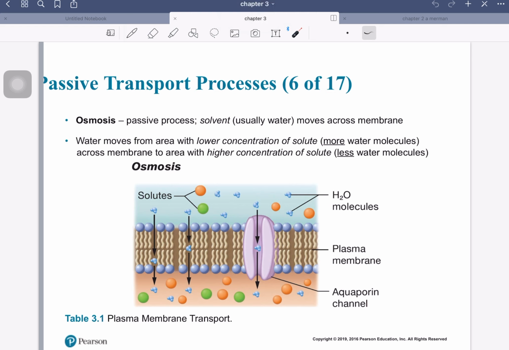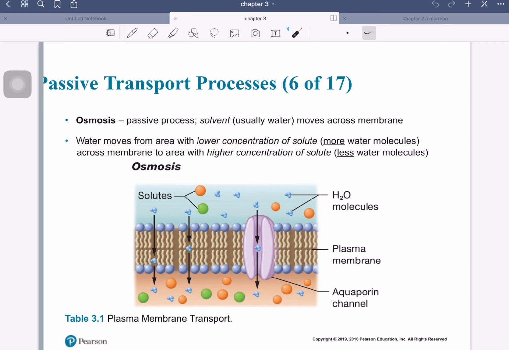So it's a passive process, and this is where a solvent, now in biological systems, it's usually water, moves across a membrane, a semi-permeable membrane. And one way to think of it is water moves from an area where there's a low concentration of solute, right?